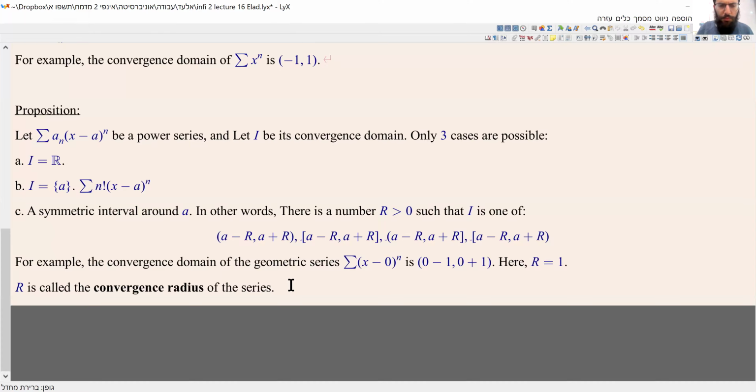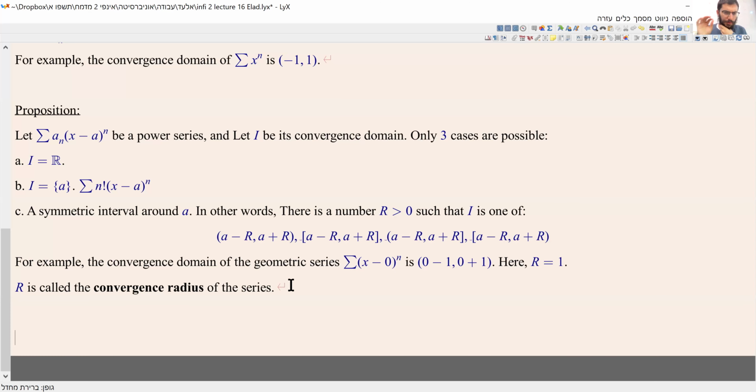So before I prove this theorem, I have to show you the other way around, the other side of the coin.